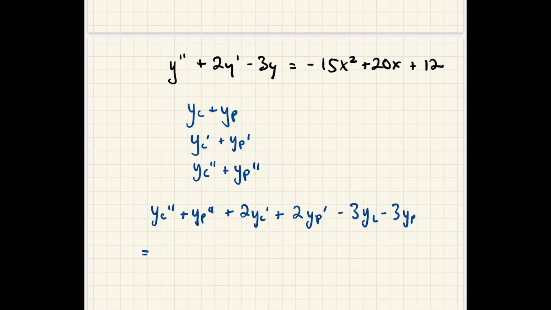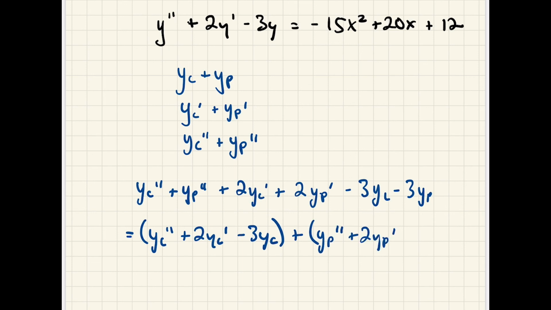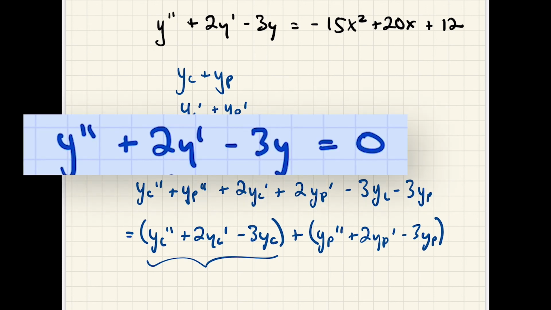And this is going to give us yc double prime plus 2 yc prime minus 3 yc plus yp double prime plus 2 yp prime minus 3 yp. And we know that since yc, the complementary solution, is the solution to the associated homogeneous equation, that means that literally this big chunk here evaluates to 0.